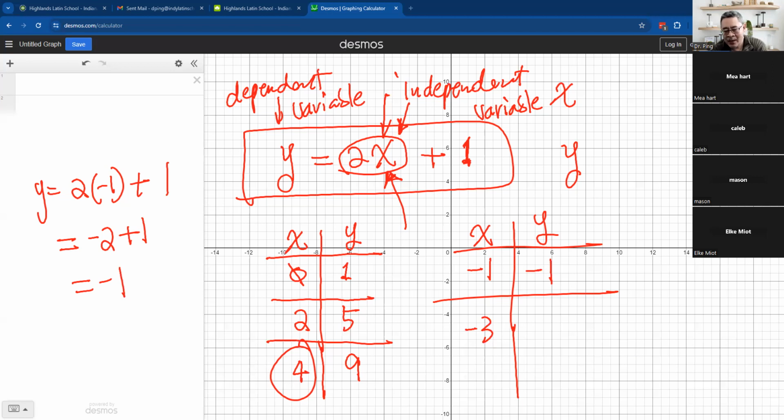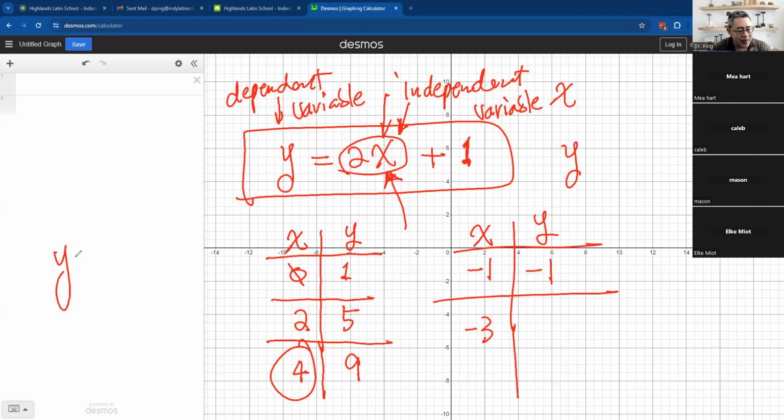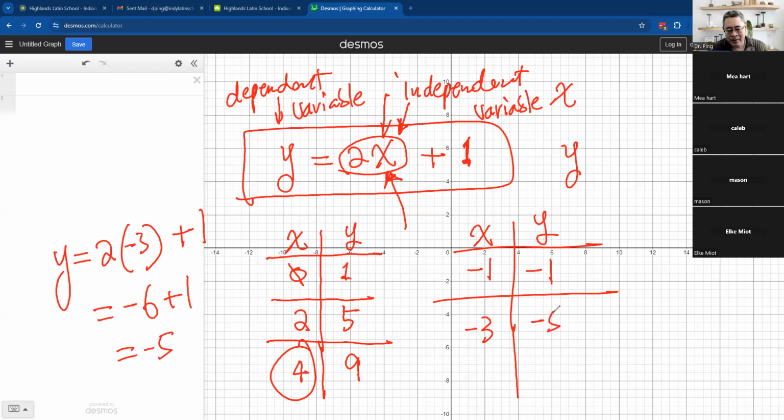So it's 2 times x plus 1. Good job, Roger. Okay, so in this case, y is equal to 2 times -3 plus 1. And this gave us -6 plus 1. It gave us -5.